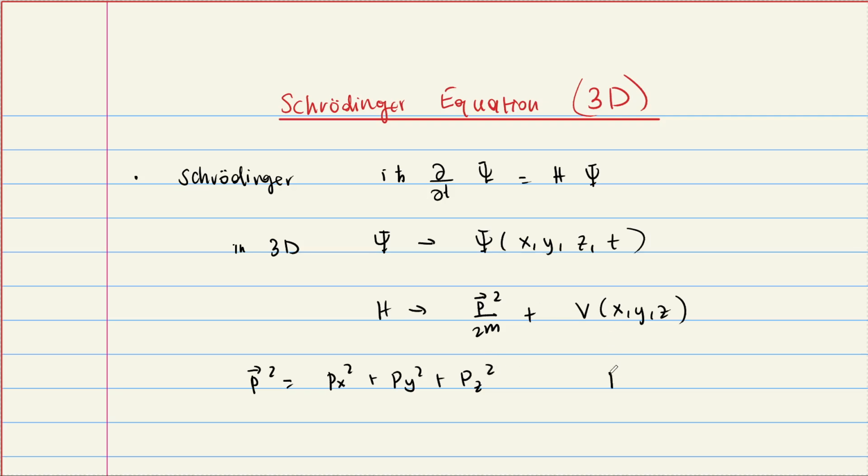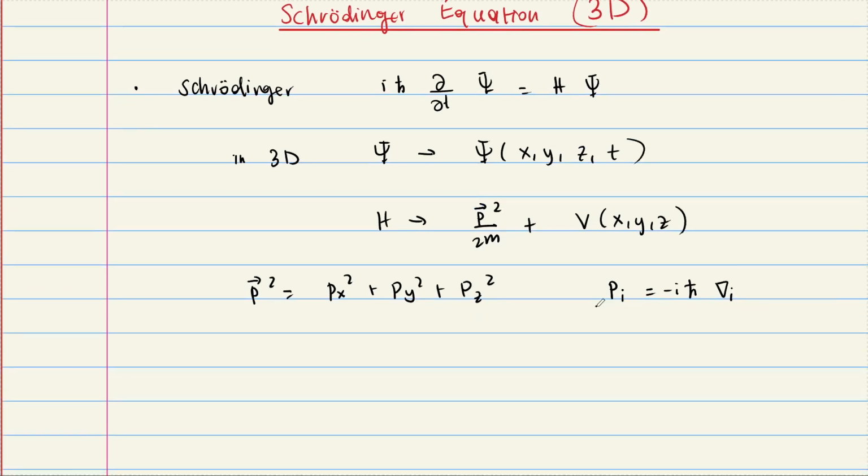And each p, let me write it like pi, is exactly the same, minus i h bar times the gradient in that direction. And this is actually good. Let me appeal to vector form. So this is like a vector, and this is the gradient.